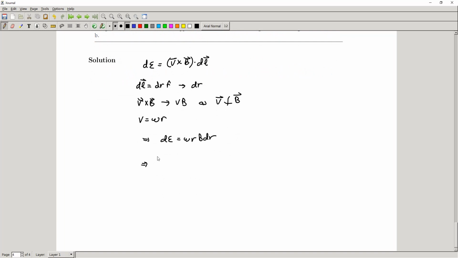And so we just have to write down our integral now, right? Basically, we have E is equal to the closed loop integral around our dE, right?